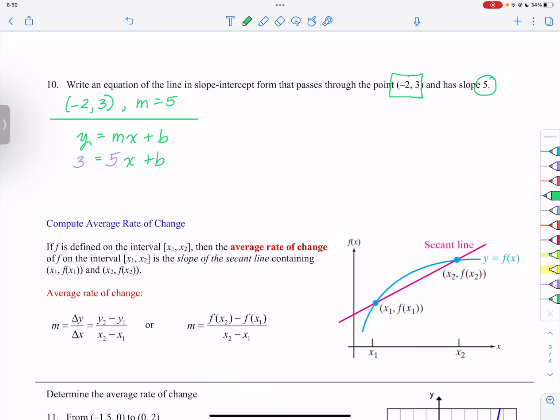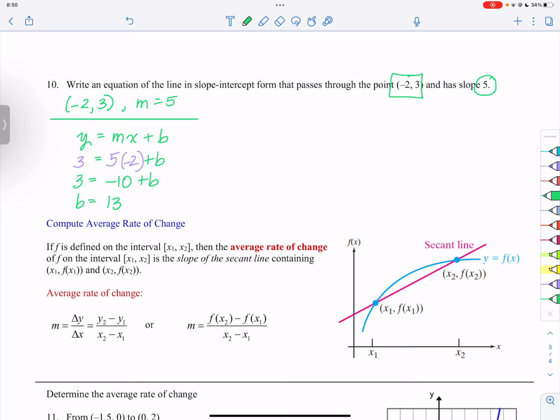So we're going to solve for the y-intercept. Actually, I do have an x value of negative 2. So what do we have? 3 equals negative 10 plus b. And then adding 10 to both sides, we get b equal to 13.